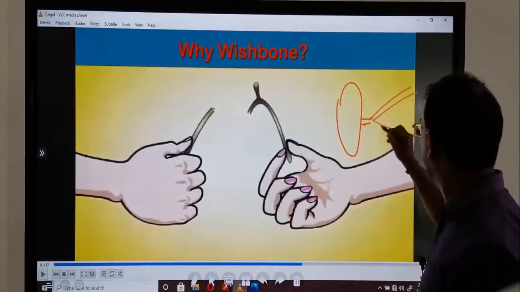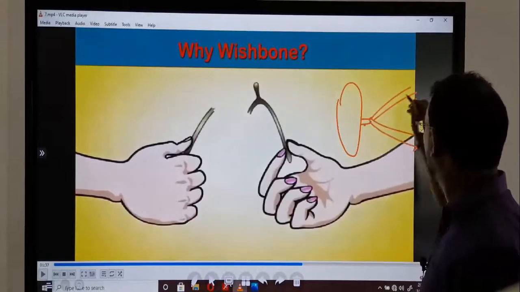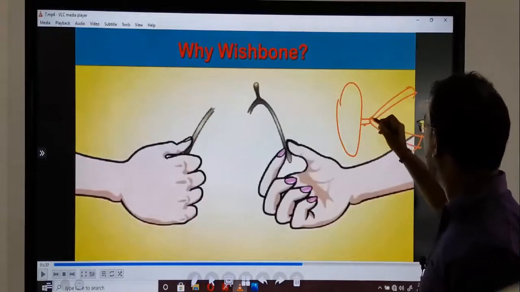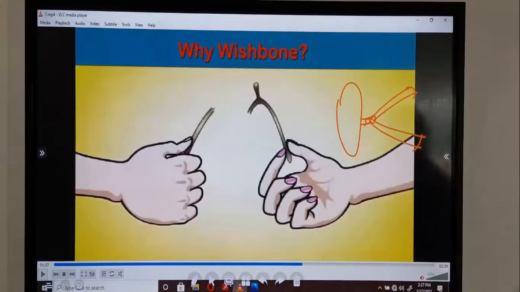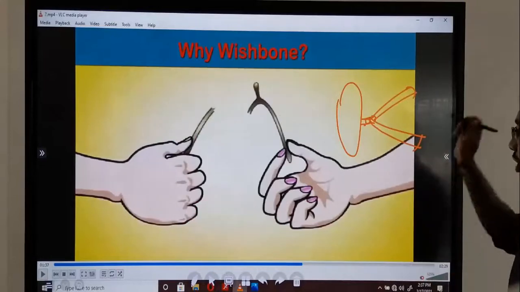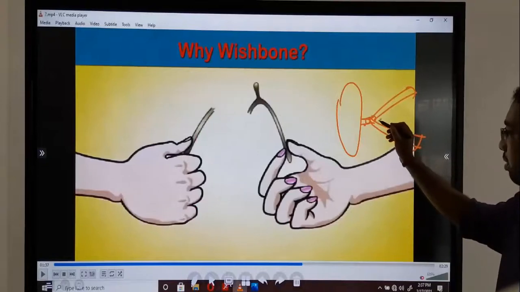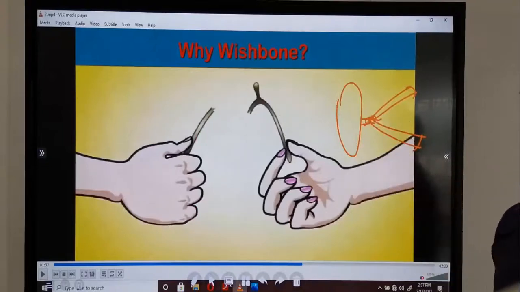Wishbone arm. This is a joint. So in any emergency, accident or condition, if this wishbone arm is broken at this joint, what will happen?